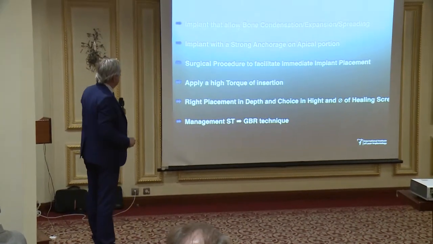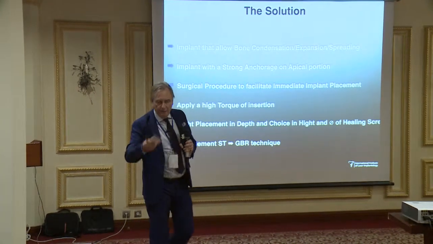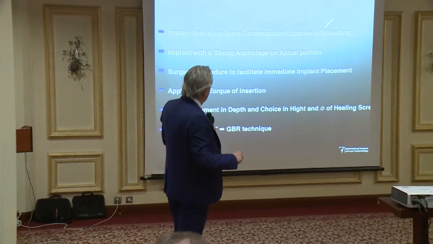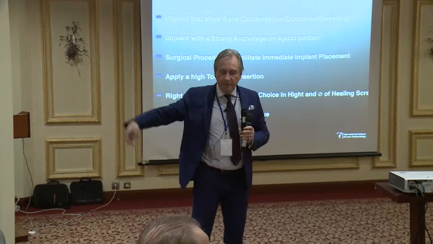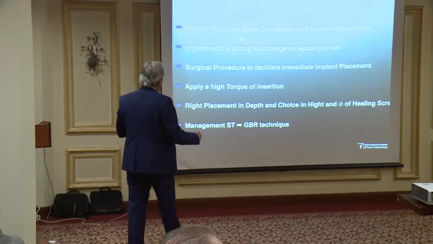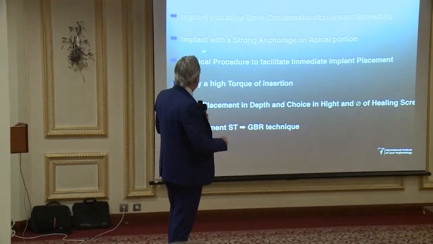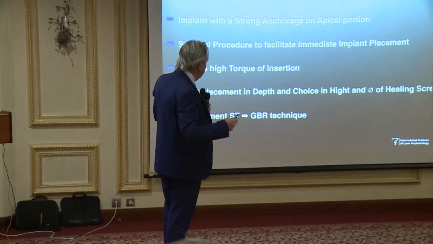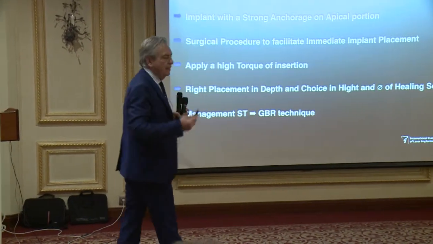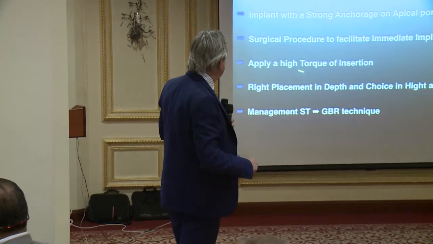So the solution: implants that allow bone expansion or spreading. Actually, a lot of publications are using different terms that mean exactly the same. An implant with a strong anchorage on the apical part, and a surgical procedure that will facilitate the placement of your implant.